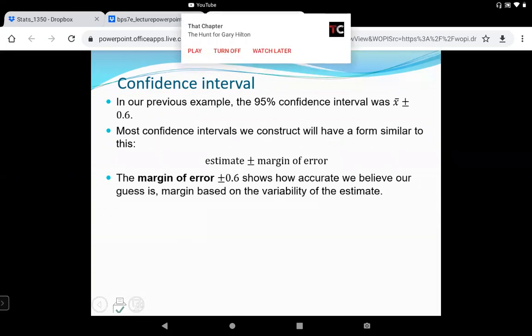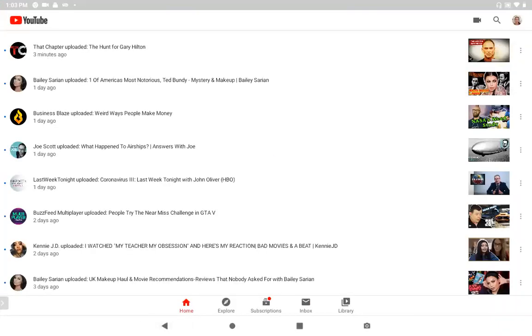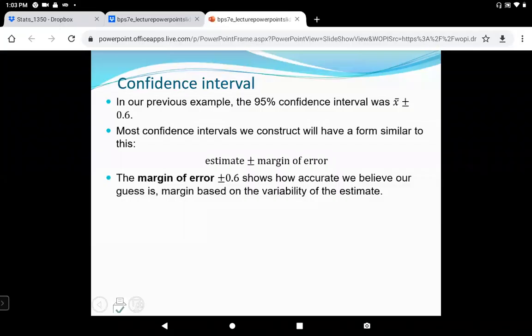Margin of error is based on the variability of the estimate.